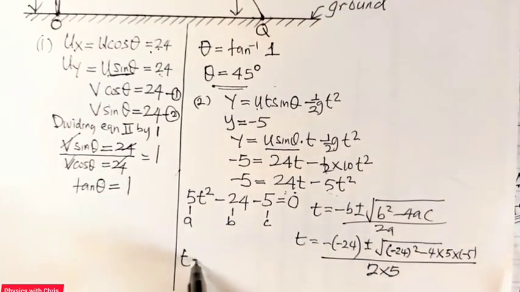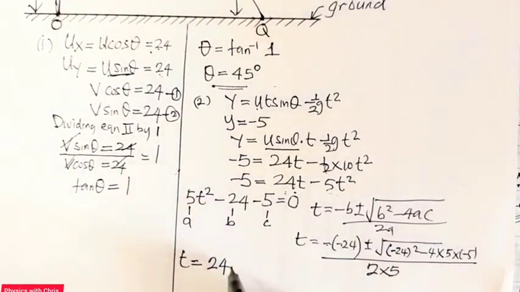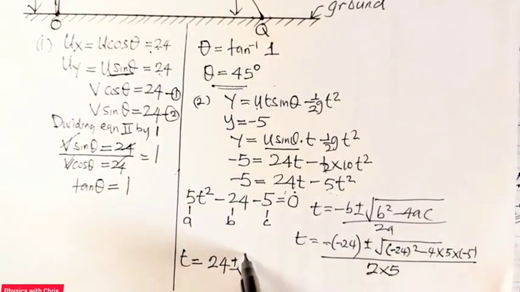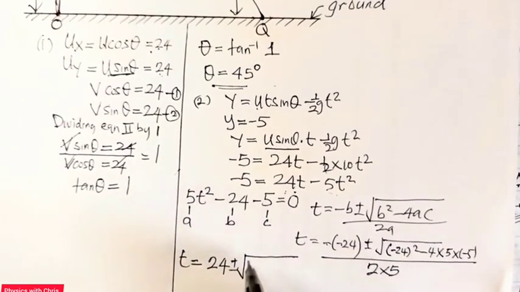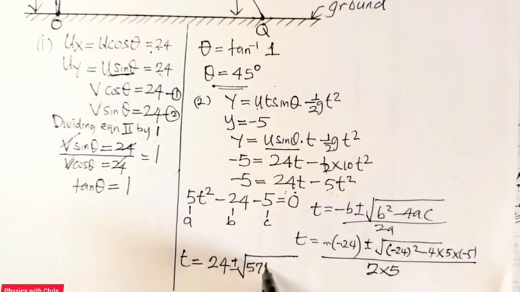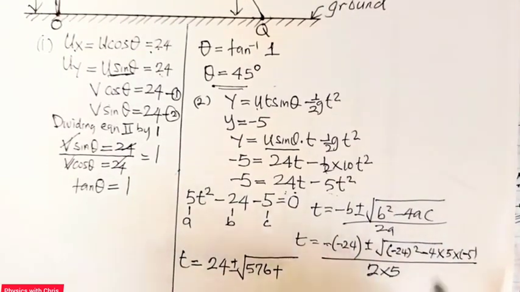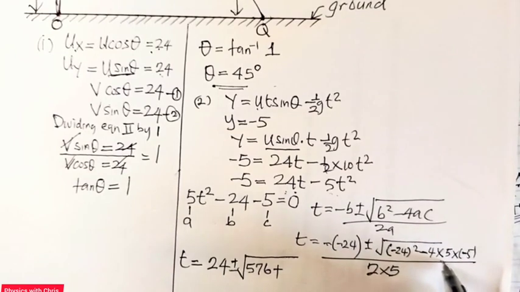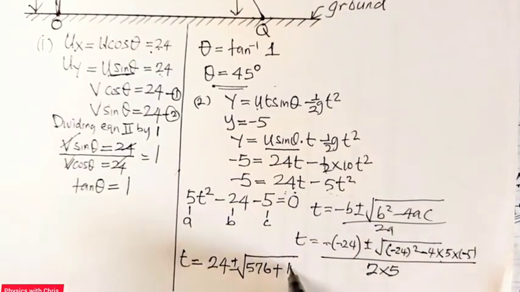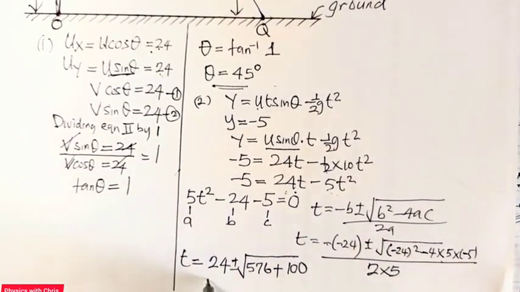So t equals 24, plus or minus the square root of 24 squared, which is 576, plus the product of minus times minus, which makes it positive, 4 times 5 is 20, 20 times 5 gives me 100, divided by 10.